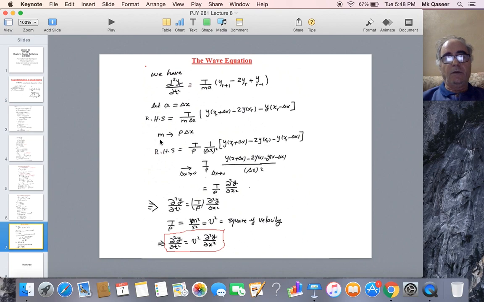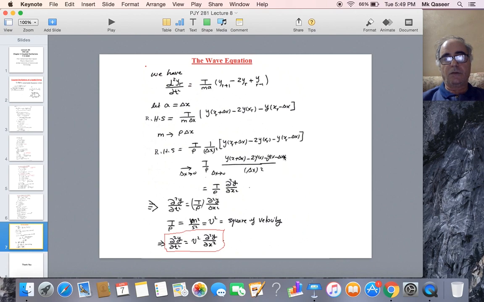Now if we let the mass be rho, the linear density in kilogram per meter, times delta x, then the right hand side becomes T over rho, 1 over delta x square, of y at x sub r plus delta x minus 2y at x r minus y at x r minus delta x. Now if we take the limit delta x approaches 0, we get T over rho times this expression.